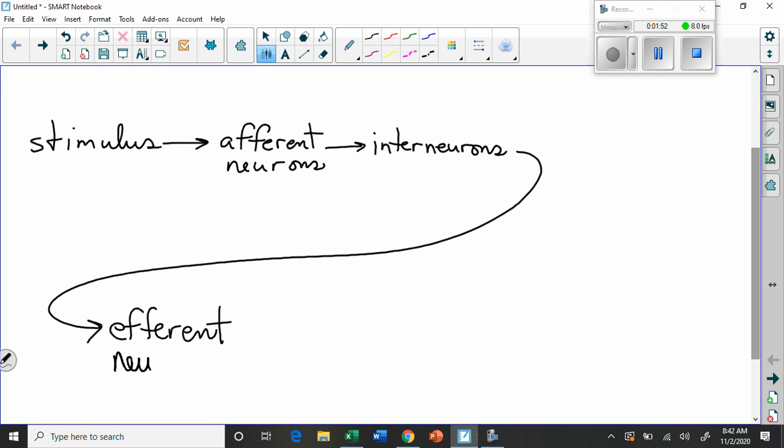You'll want to know how to spell them: E-N-T. Afferent and efferent. There's no O's in either word. And then, of course, what we have are the effectors and some kind of response or action.